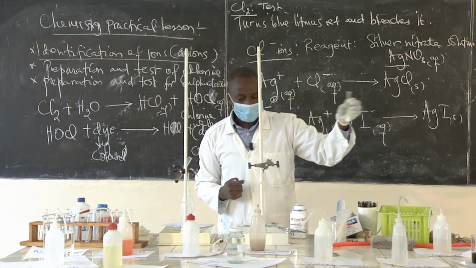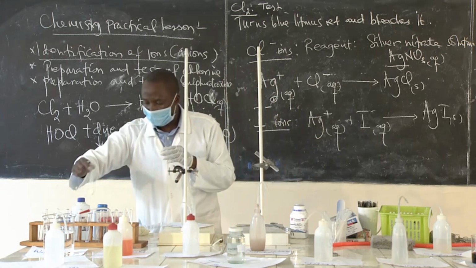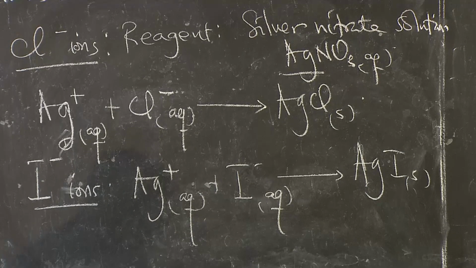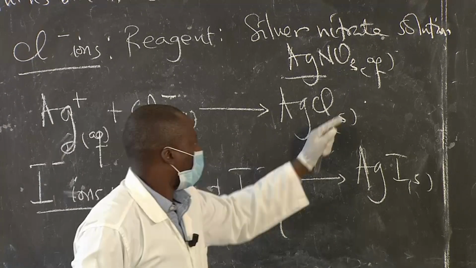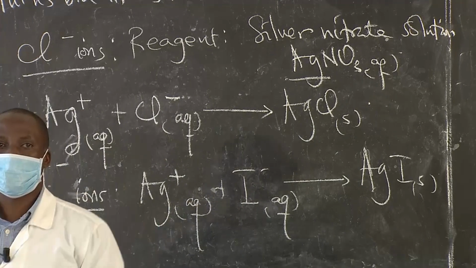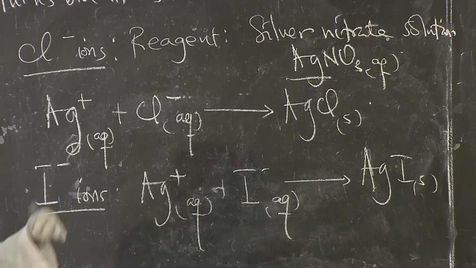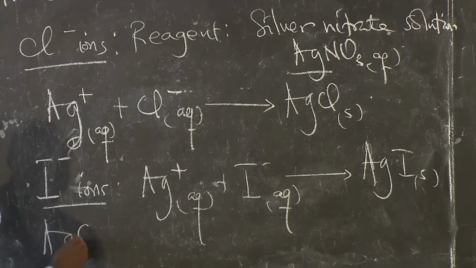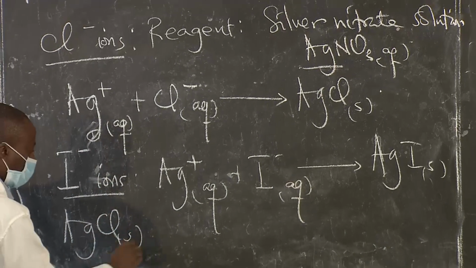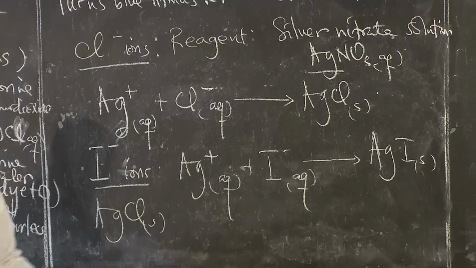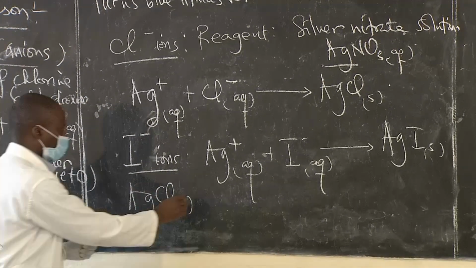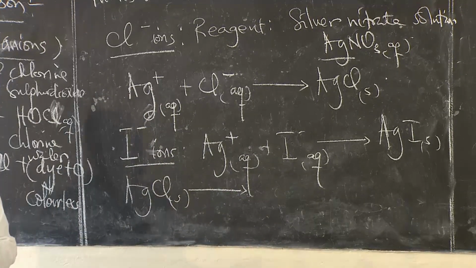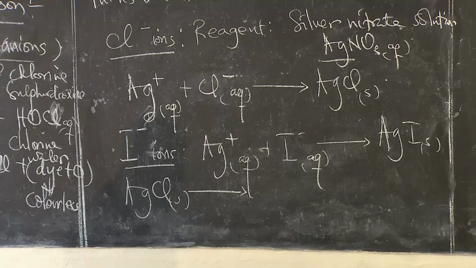If you look at this one, maybe something else I can mention is that if silver chloride is added to excess ammonia, the precipitate is supposed to disappear. This is for maybe the A level. You can just be attentive here.